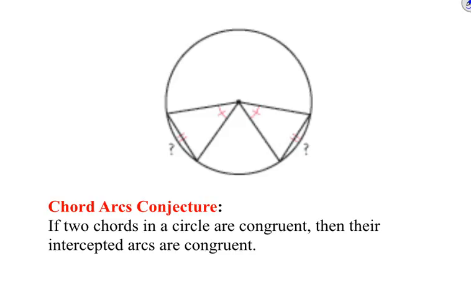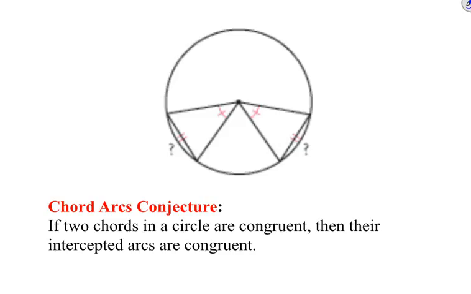Next we have the chord arcs conjecture. If two chords in a circle are congruent, then their intercepted arcs are congruent. In the picture, we have two congruent chords of this circle. You can see them designated with the double tick marks. The picture is also showing that their corresponding central angles are congruent, which is what we learned in the first conjecture.